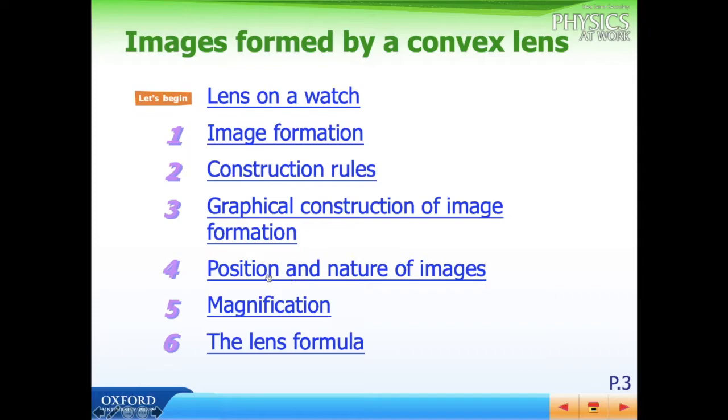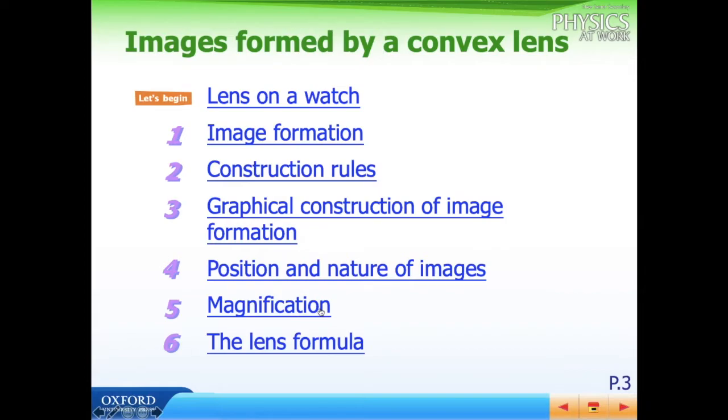lens given the position of our object at a given distance, and also we are going to look into the result of these images as they are being projected on our translucent screen. And then the fifth one, we will discuss the concept of magnification.